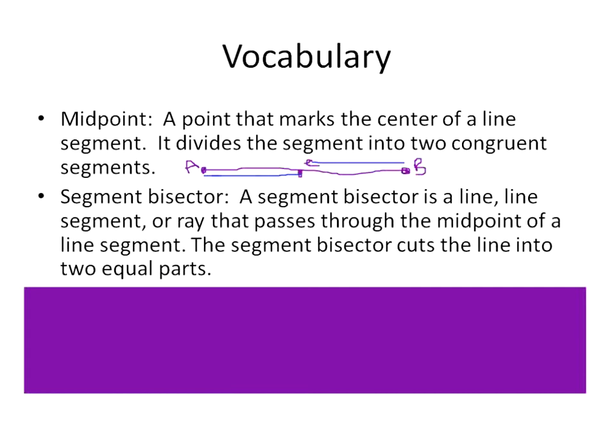A segment bisector is a line, segment, or ray that passes through that midpoint. So it cuts the line into two equal parts. If I look at the example I just had, I could draw a line through that. It can be at an angle if you want, but it's going to go right through that midpoint C where I had it before.